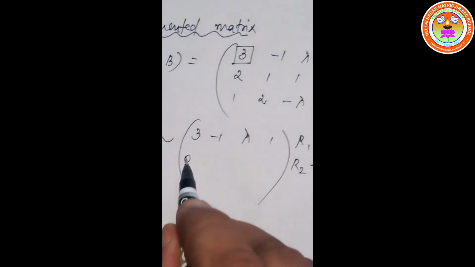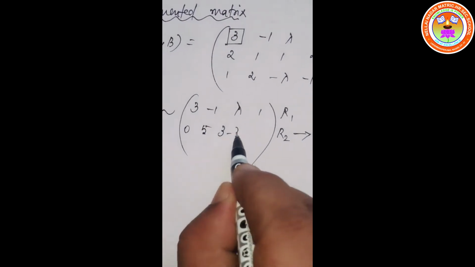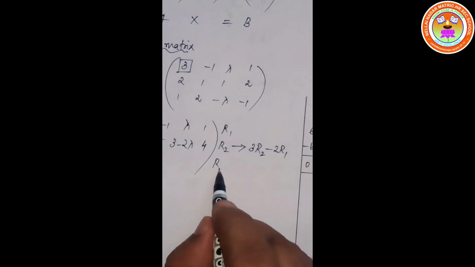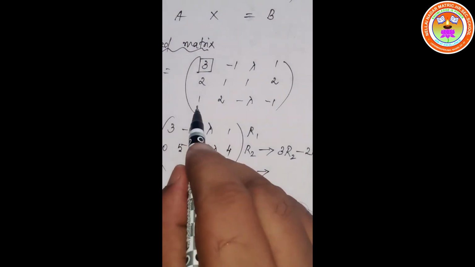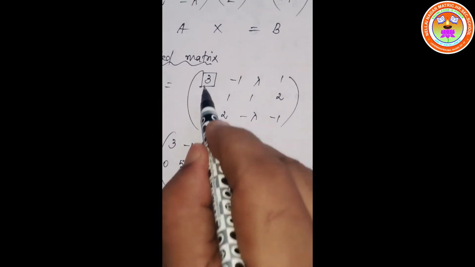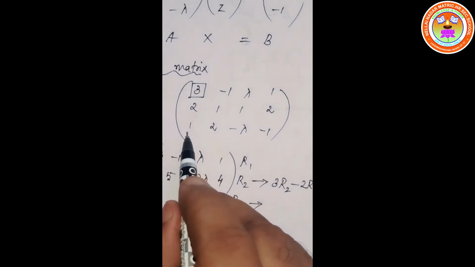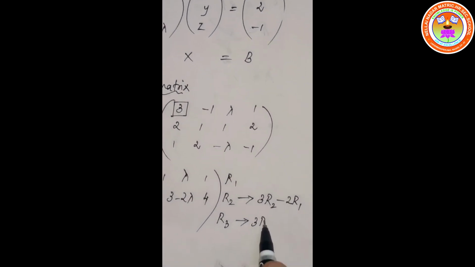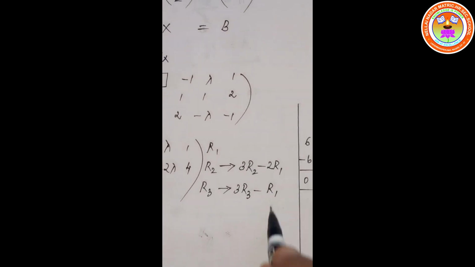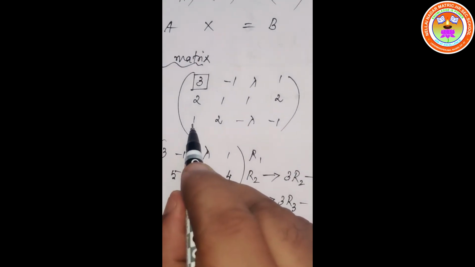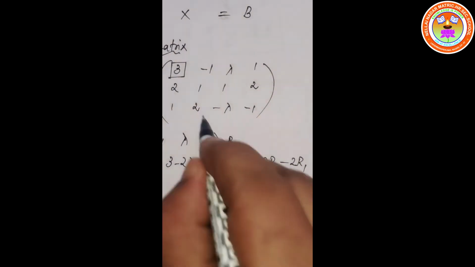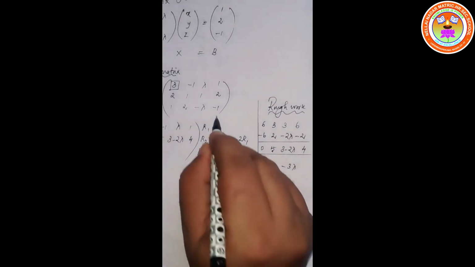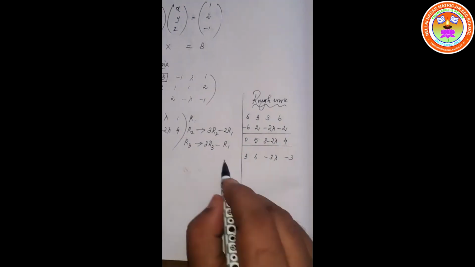Now write 0, 5, 3 minus 2 lambda and 4. Now R3 implies, even we have to change this number with the help of that number as 0. What's the number here? 1. That 3. So that 3 R3 minus R1. 3 R3 means multiplied by 3. 3 1s are 3. 3 2s are 6. 3 into minus lambda, minus 3 lambda. 3 into minus 1 is minus 3.